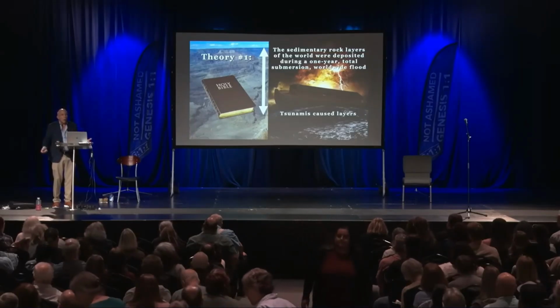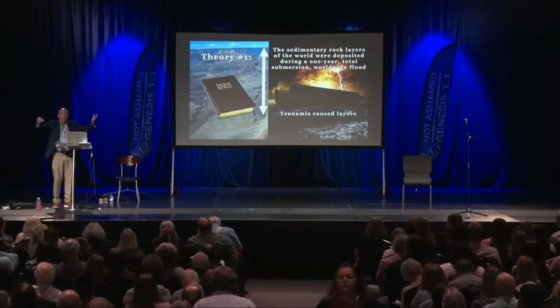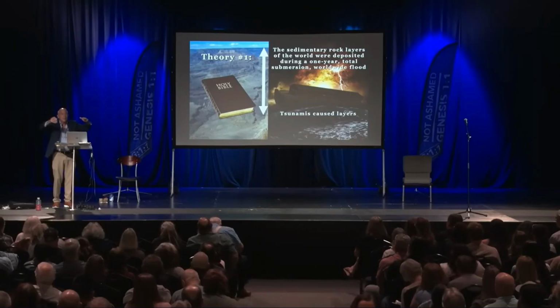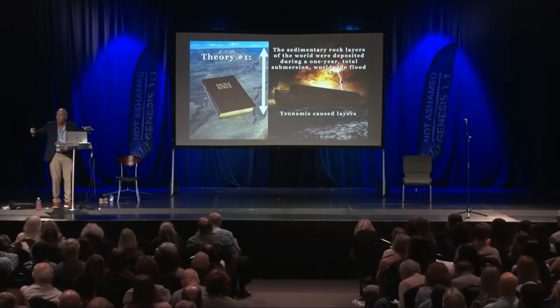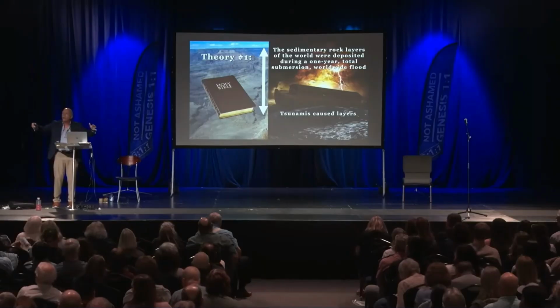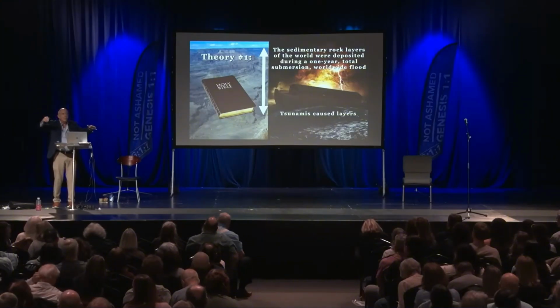The waters rose during Noah's flood. The waters eventually got so high in the oceans they covered the continents. As this was going on, there was great plate tectonic activity, and there were earthquakes because of that. The earthquakes caused tsunamis from different locations, and these tsunamis raced across the continent and brought sediment.